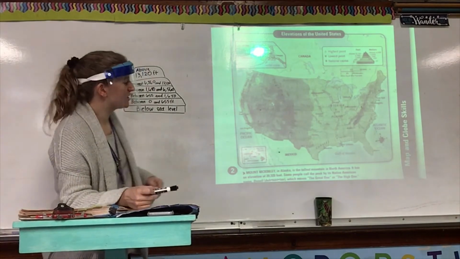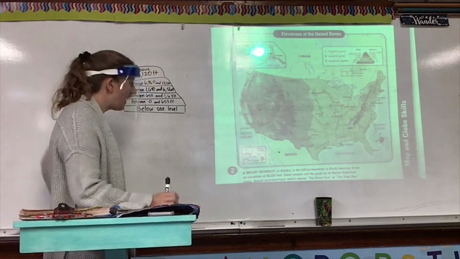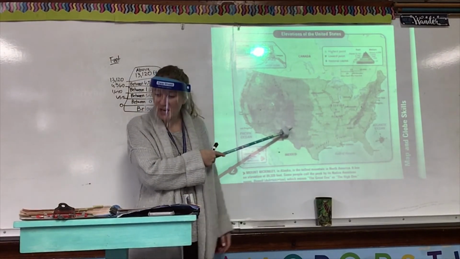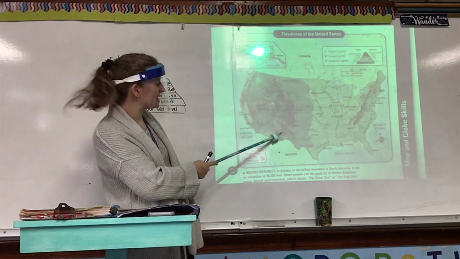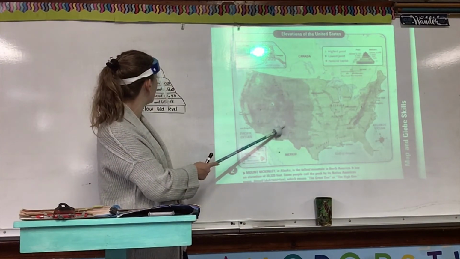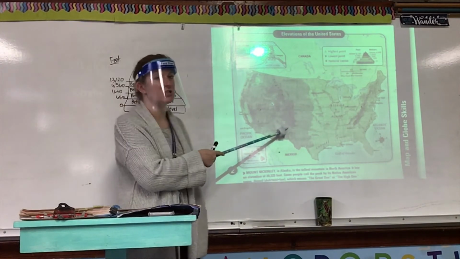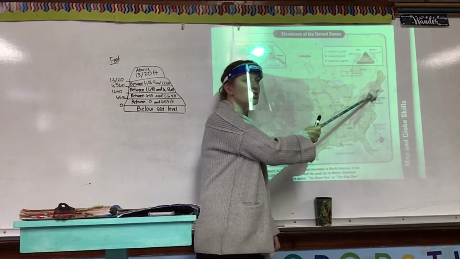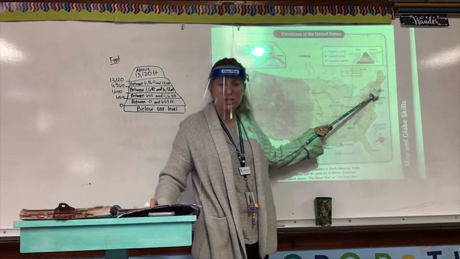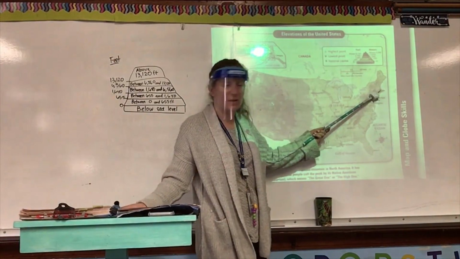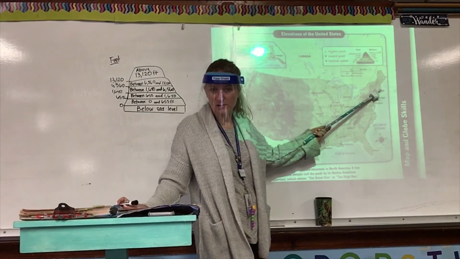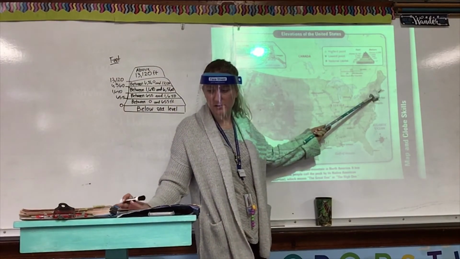Green. So Smith just told us that Santa Fe, New Mexico is red. That means it's between 6,560 feet and 13,120 feet. Then she found Boston, Massachusetts, and she told us that that land is green, which means what's its elevation, Smith? It's between 0 and 655 feet.